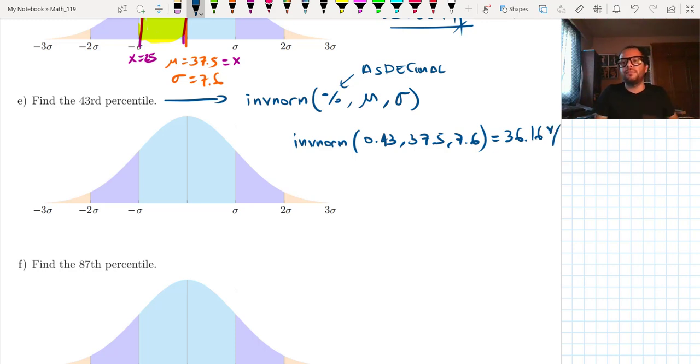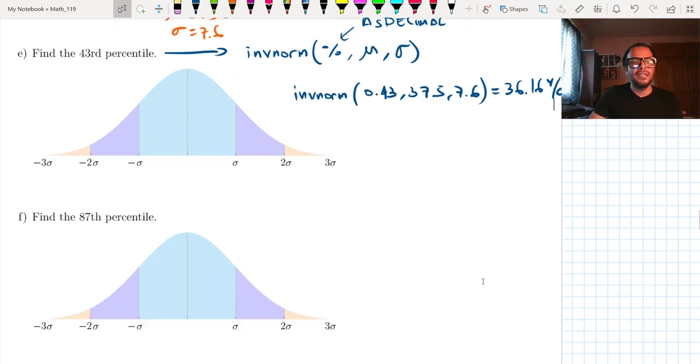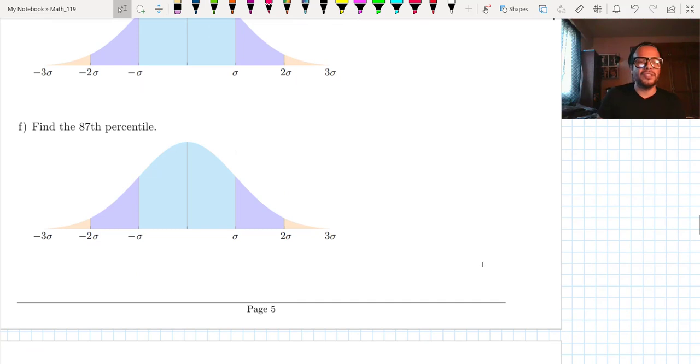You might want to omit the 0.16. It's not very meaningful when we talk about age. So I mean, throughout the entire year, a person is 36 years old. We don't say, oh, I'm 36.5 years old. We just say, I'm 36 years old. Find the 87th percentile. Okay, I'll leave this up to you. I'm going to write the operation in the norm.